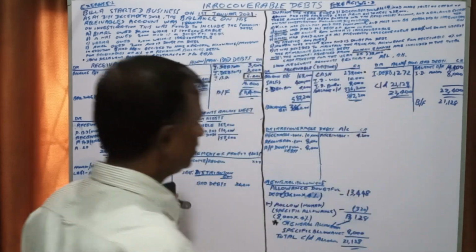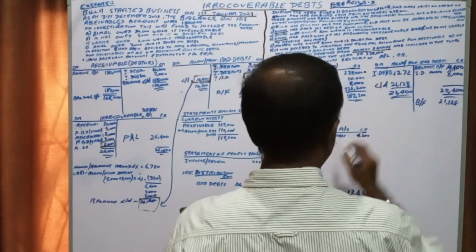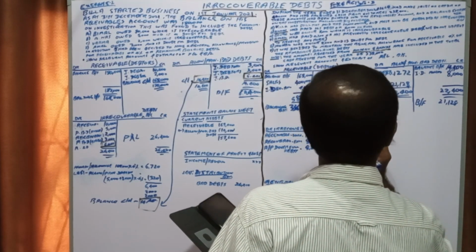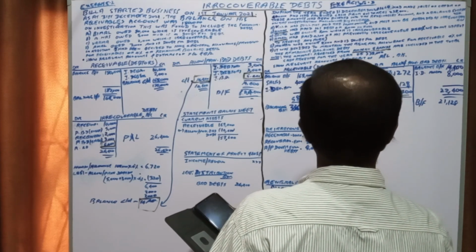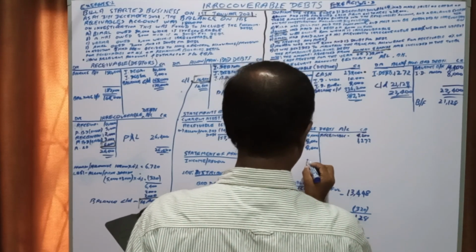Okay, irrecoverable debts. So if it is going to be the debit there, here we are going to credit the irrecoverable debts 1,272. Okay, so here you balance it.